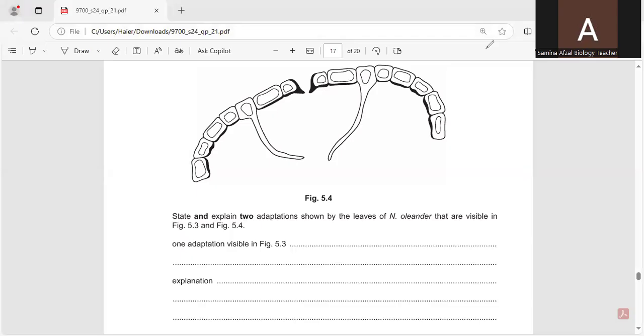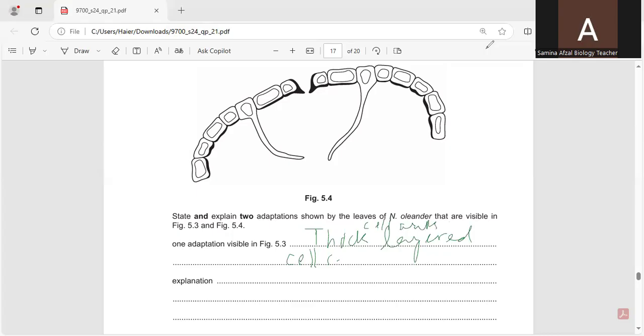You can see these cells, the layers of the cells are thick layered. Thick layered cells, thick cell wall.